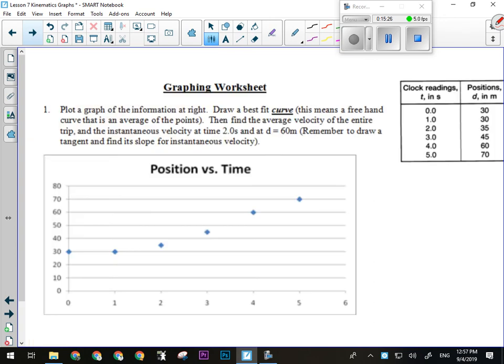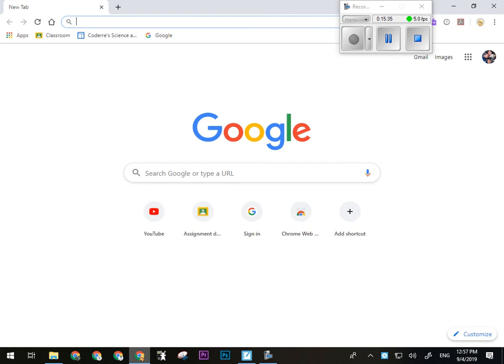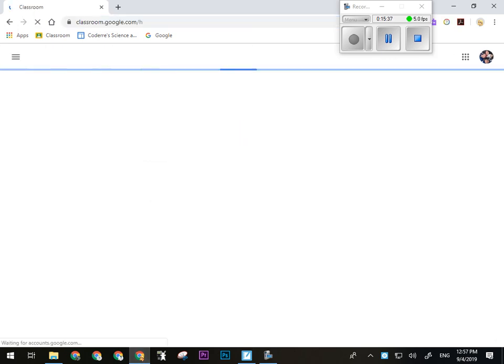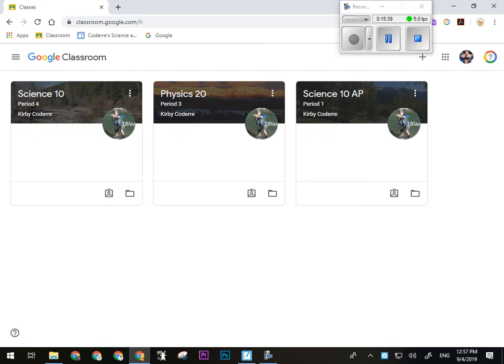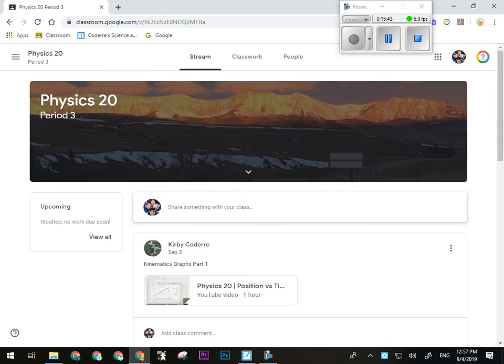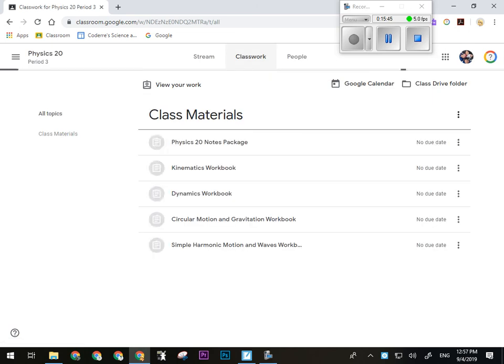We'll skip those ones for now. In your workbook package, if you go into Google Classroom here, we're going to work on some stuff from a worksheet to practice and review this in preparation for the lab that we'll be doing very soon. So in the classwork tab of Google Classroom, you've got your notes package and your kinematics workbook.